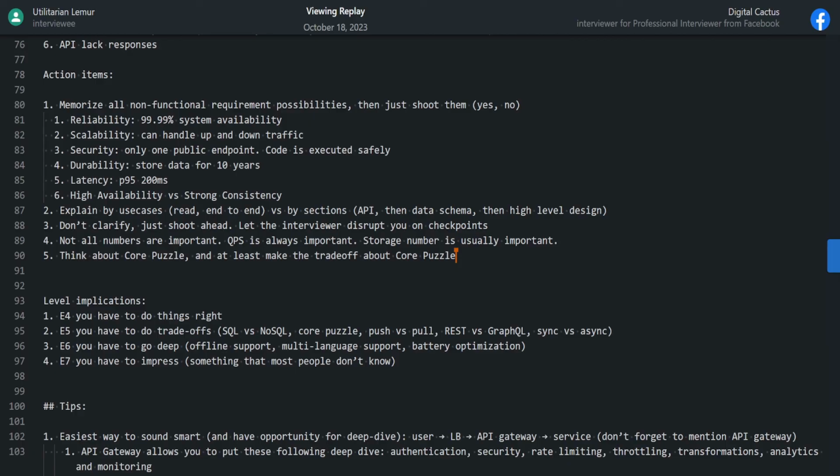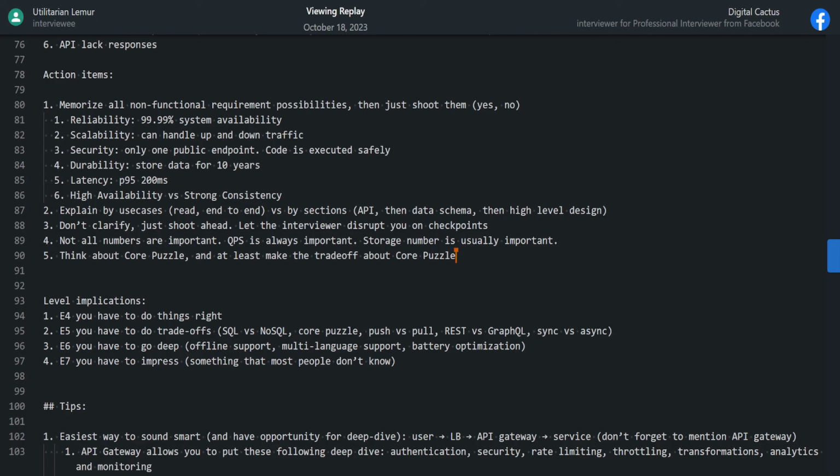That's the core puzzle. In this question, the core puzzle is how do I actually get the messages? I don't really care how you store it, because it's going to be the same as others, either a SQL or NoSQL database. What is interesting is how you actually get the comments live.